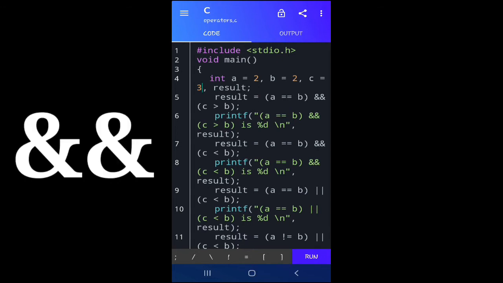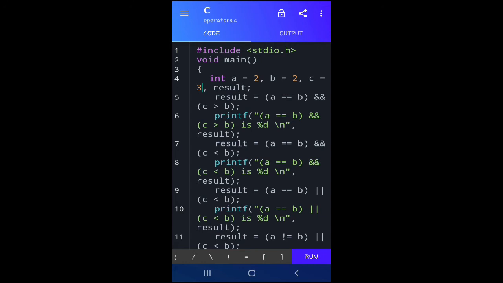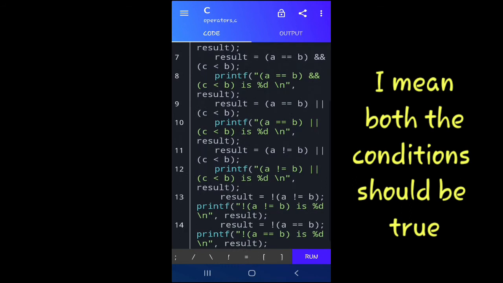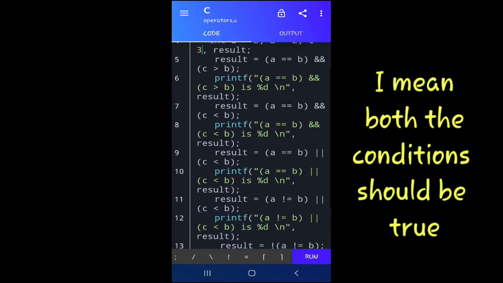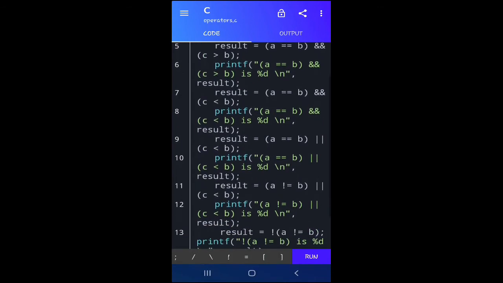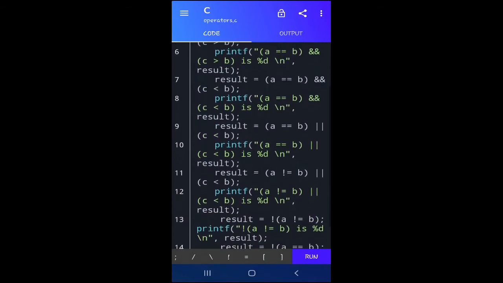Since we have used the logical AND operator, both the conditions, left hand side and right hand side, should be true. This is the same with all the other things. So I have explained the AND operator.